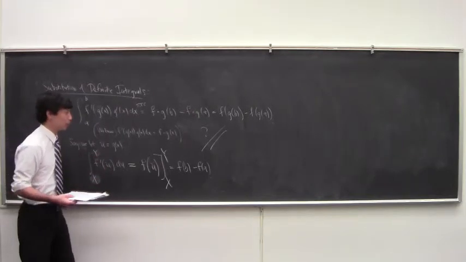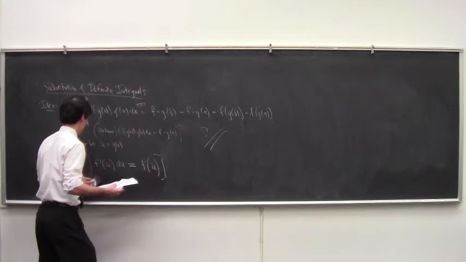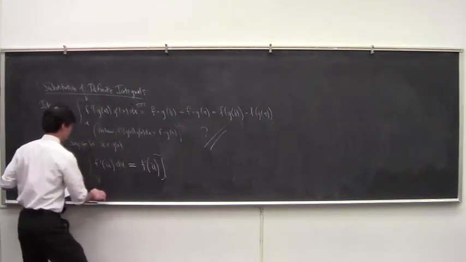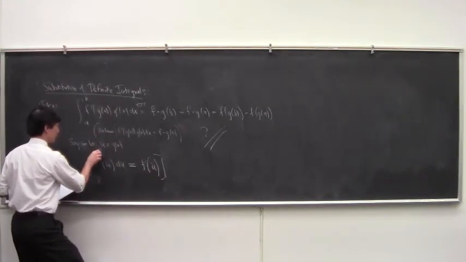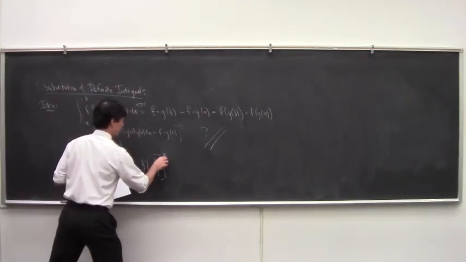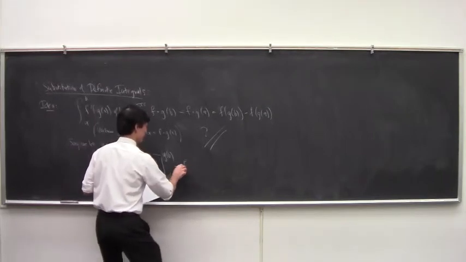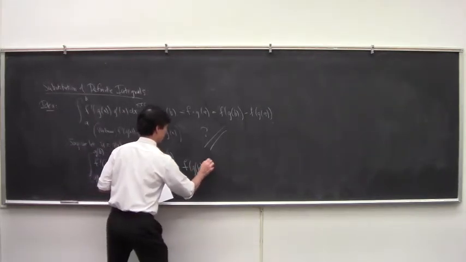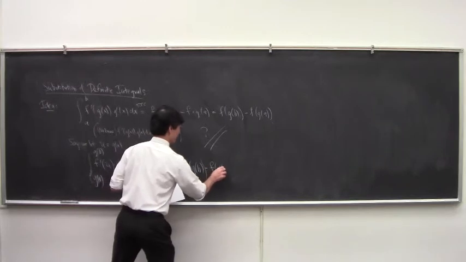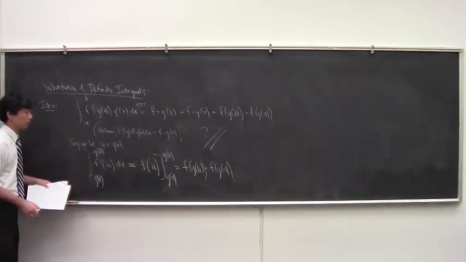It'll be g of b and g of a. Yeah. So if I take g of b and g of a, then I get f of g of b minus f of g of a. Okay.